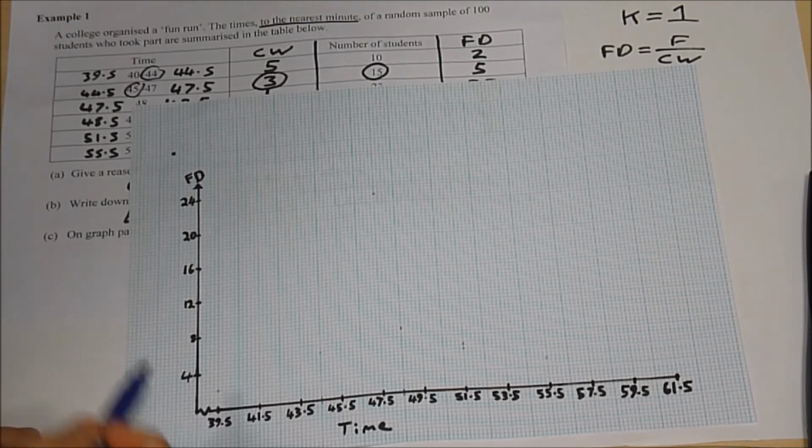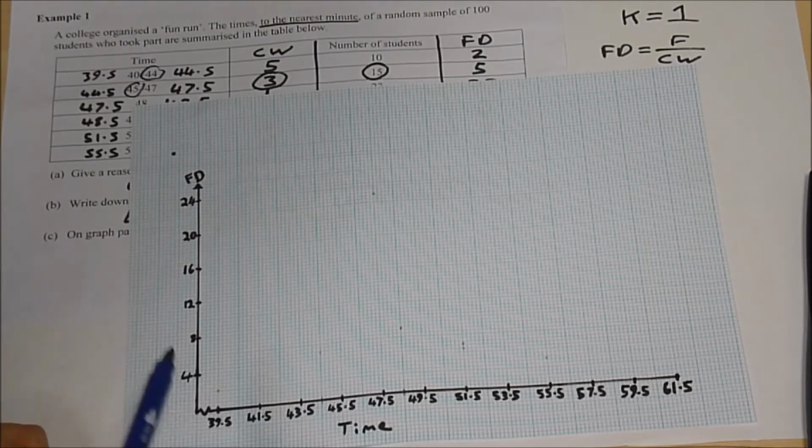And rather than put it on 40 and 44, which I see a lot of students do, I've put it on the half minutes so that when I draw my histogram bars, I'll be able to go nicely along my scale. So that's key Mr. Barker tip number 1.